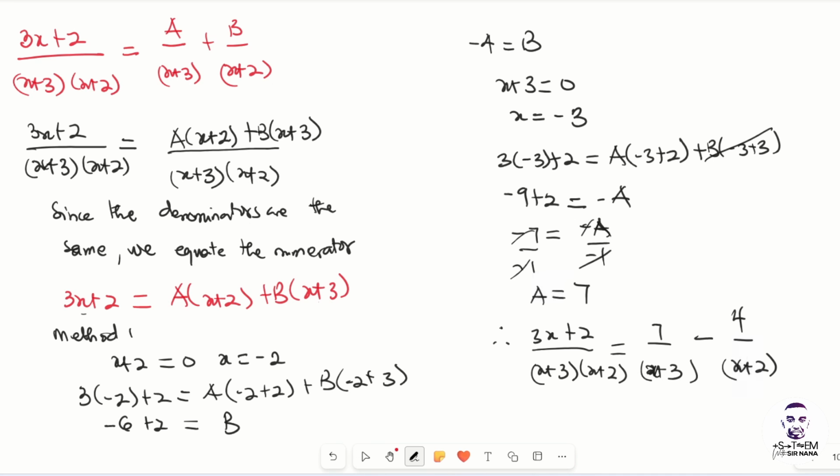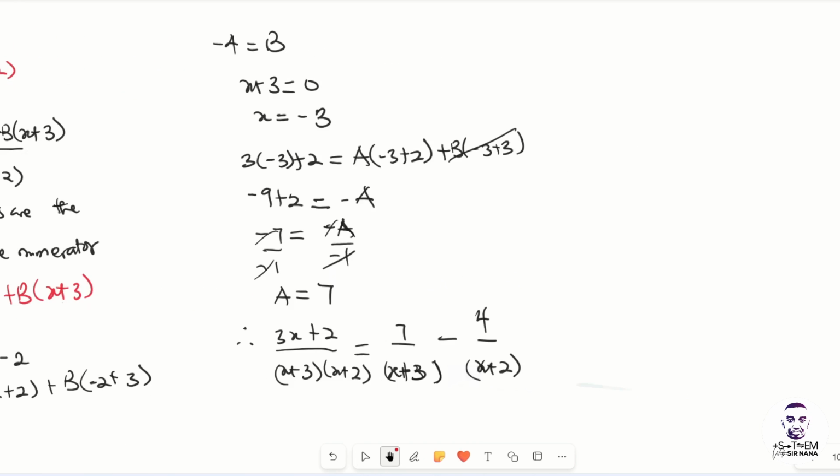So we have decomposed it to be equal to 7 all over x plus 3, and then minus 4 all over x plus 2. So that is one way of solving for A and B and simplifying a partial fraction.